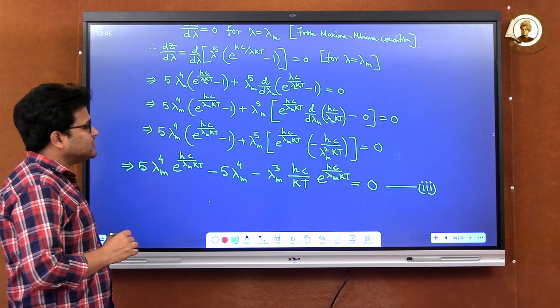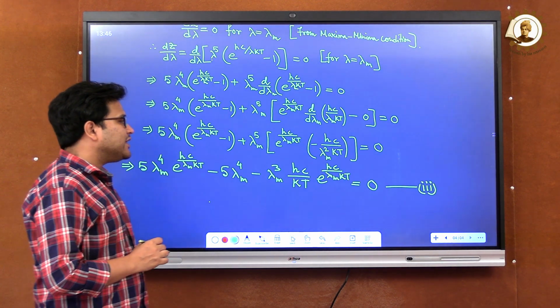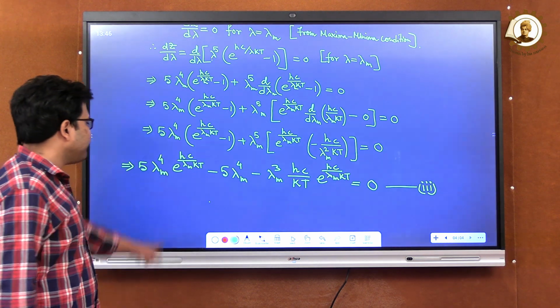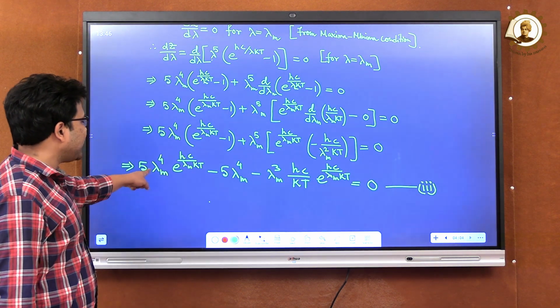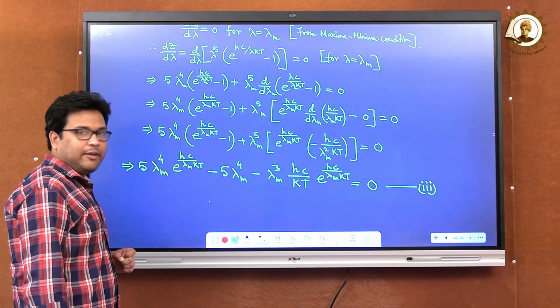In order to simplify equation number 3, we are going to divide both sides by the first term, that is 5 lambda m to the power 4 e to the power hc by lambda m kt.